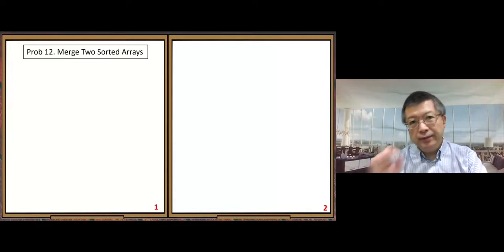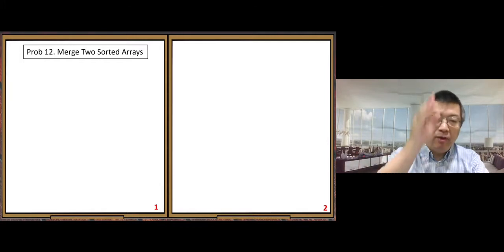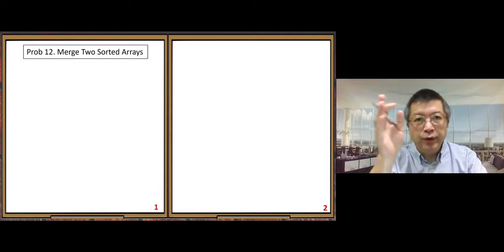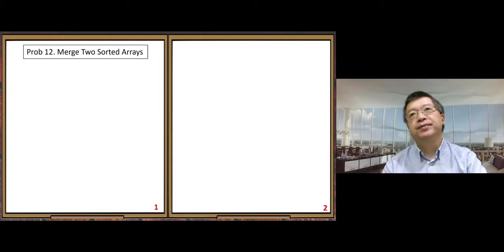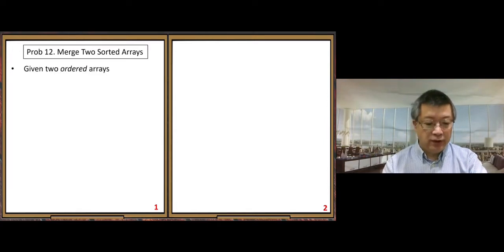First, let's look at a simple problem. That is our problem number 12, merge two sorted arrays. Very basic, but very useful problem.